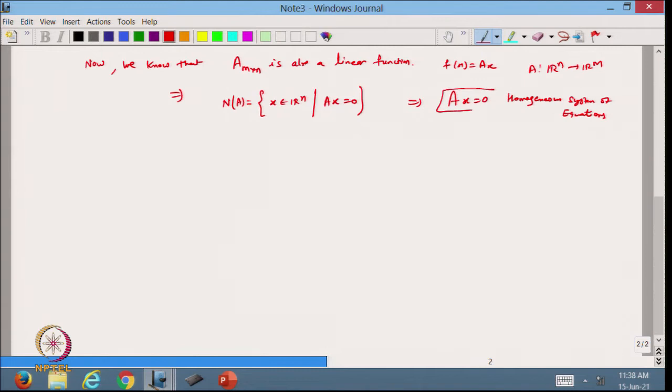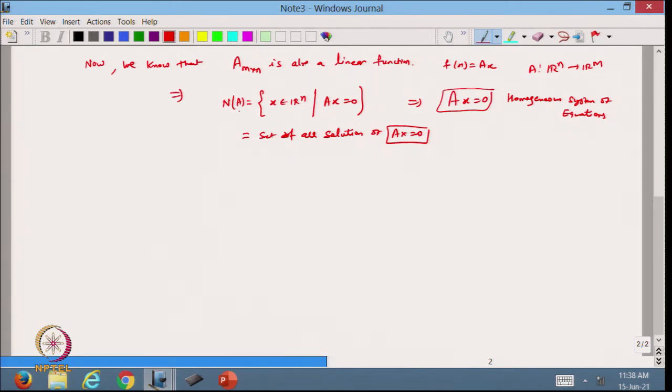So that shows that this will be equal to the set of all solutions of this one. It means we are taking the homogeneous system of equations and we find the different solutions, and those solutions make the set N(A).